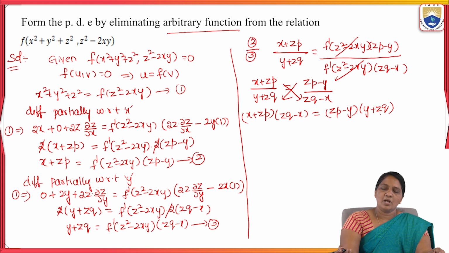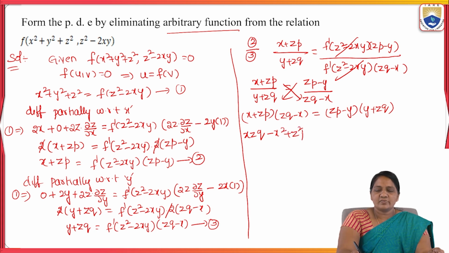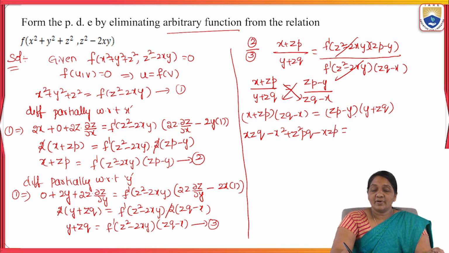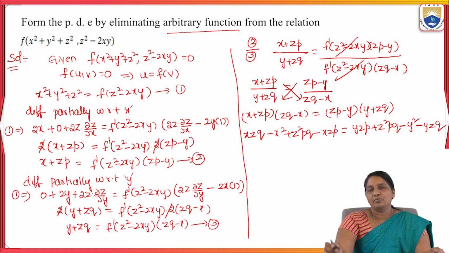Now I am doing the simplification. So xzq minus x square plus z square pq minus xzp is equal to, first I am multiplying with the zp. So yzp plus z square pq minus y square minus yzq.